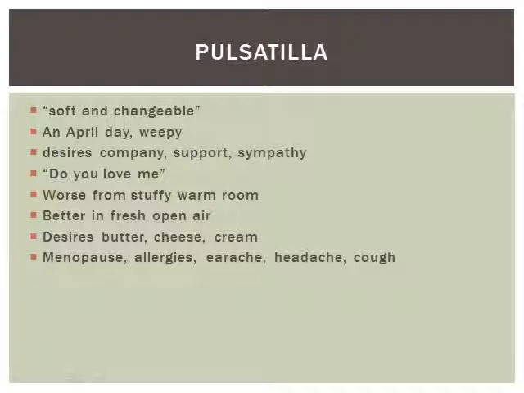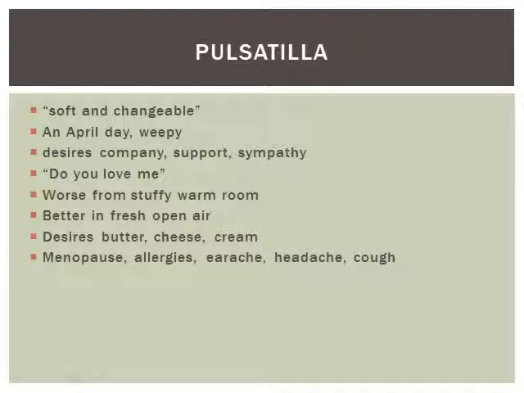I love pizza, lots of cheese, open air, a welcome breeze. Stuffy rooms can make me sneeze. Drinks are not the thing I need, dairy is my favorite seed. Female problems suit me well, menstrual cramps and breasts that swell, menopause and pregnancy, coughs that will not let me sleep, and when the sunlight leaves the sky, my flower blooms and I could cry, pulsatilla is my name, forever changing is my game, is my fame, sorry.